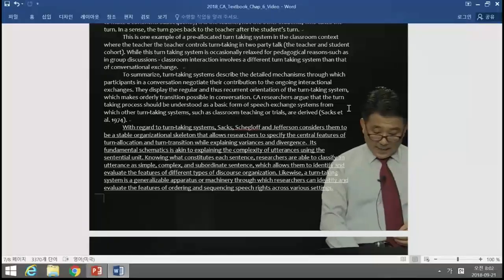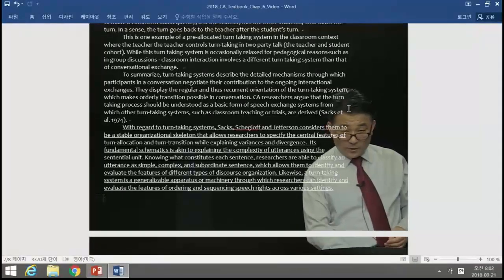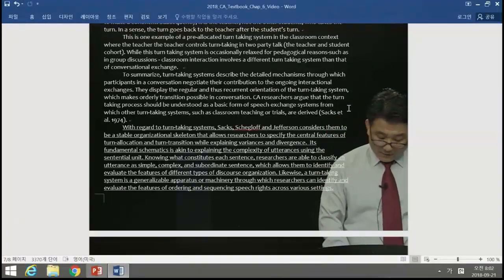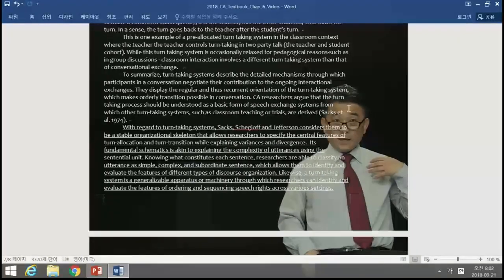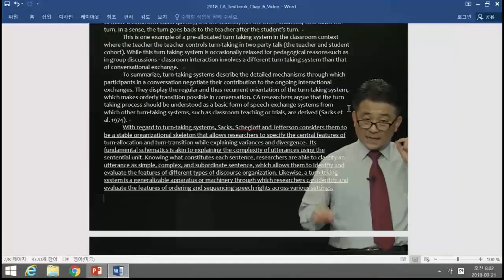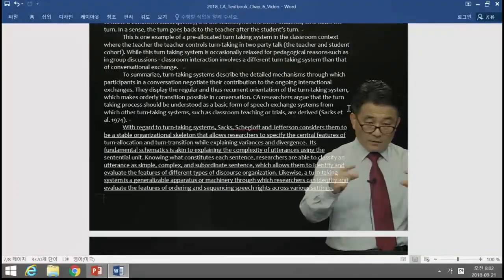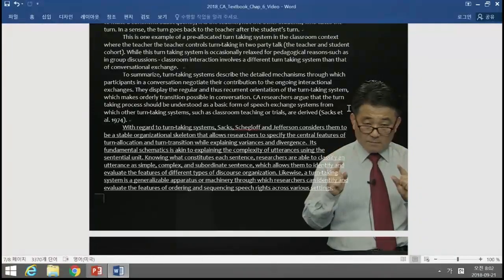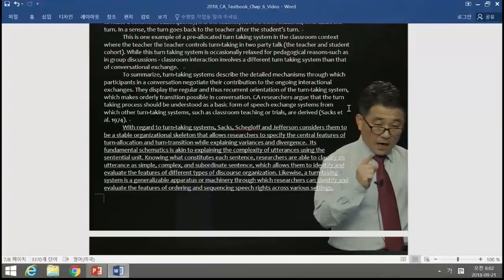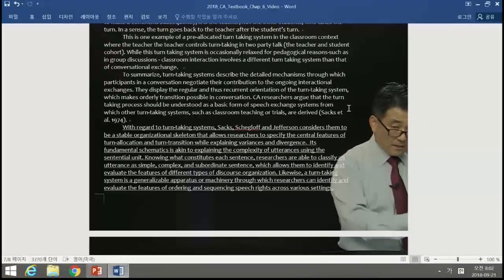I have a sort of analogy here for thinking about the conversational system, using the sentence. The system called the sentence is one way for us to categorize language. If we have the system called the sentence, then we can say there's a simple sentence, complex sentence, coordinate sentence, and so on.